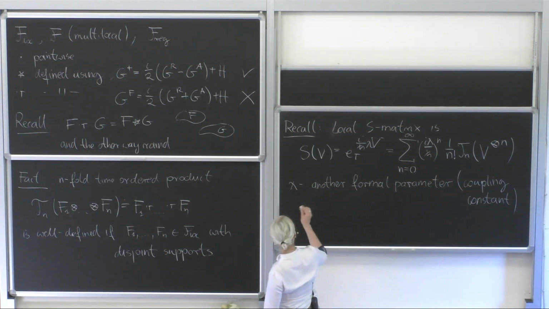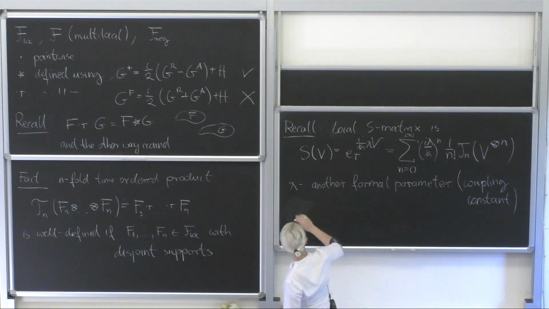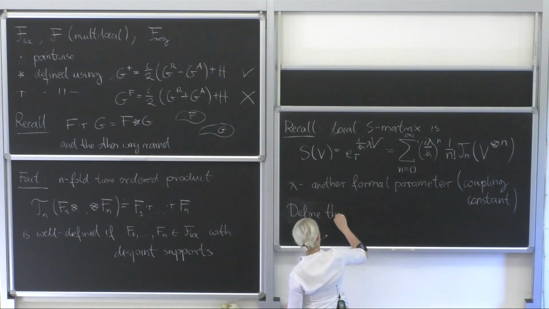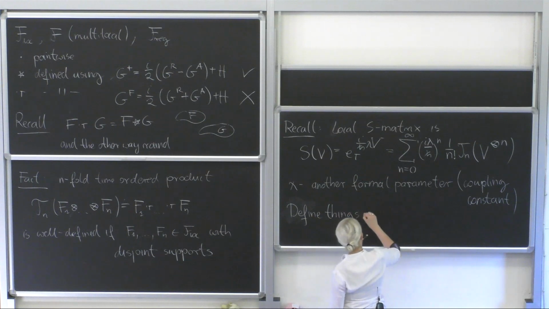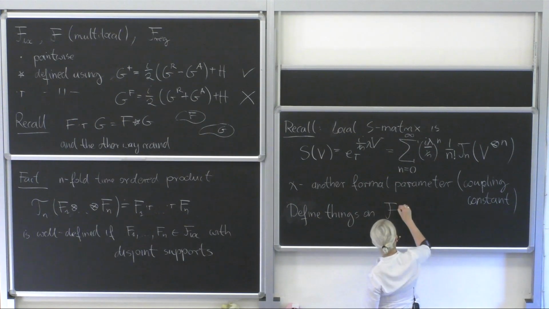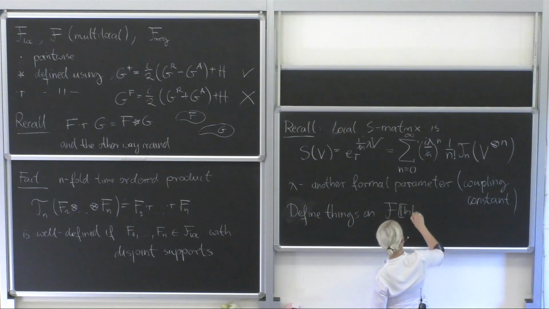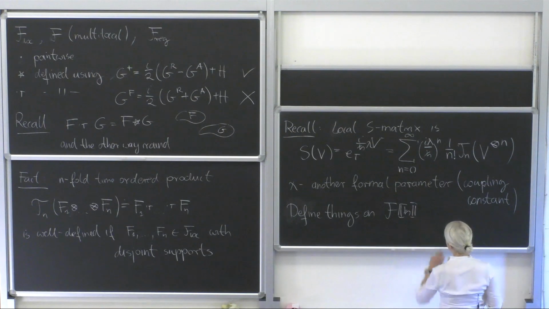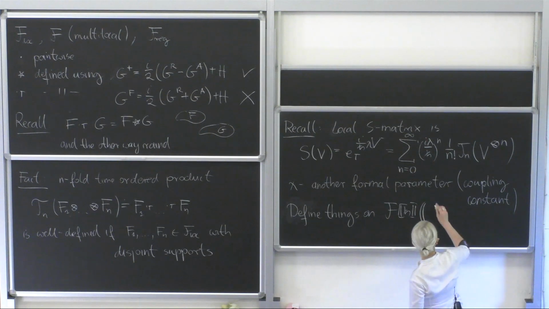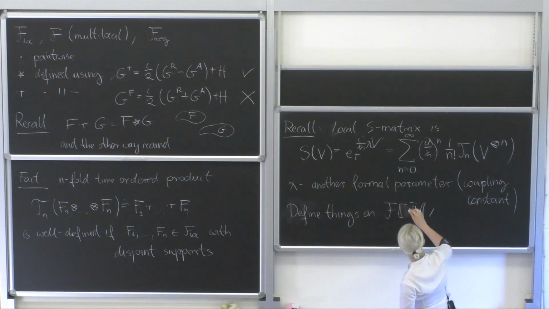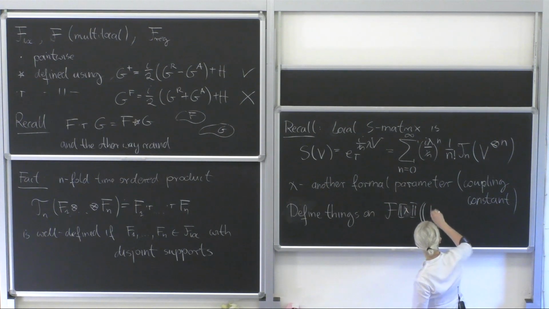So the goal is to define things on functionals formal in h bar, with coefficients formal in lambda and Laurent in h bar.